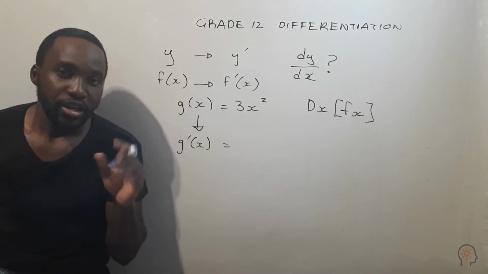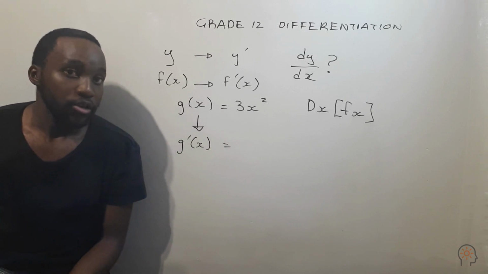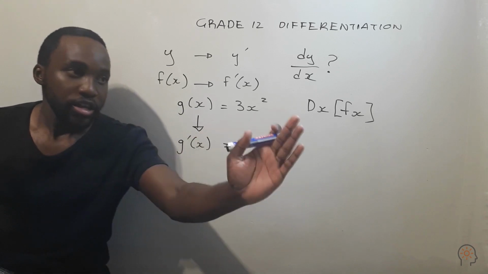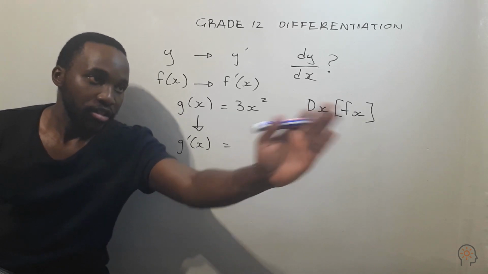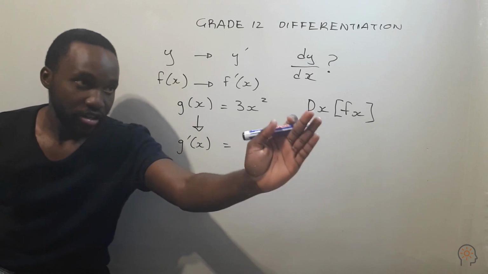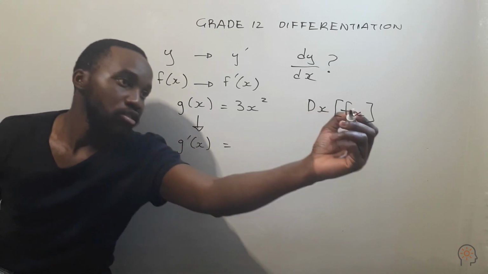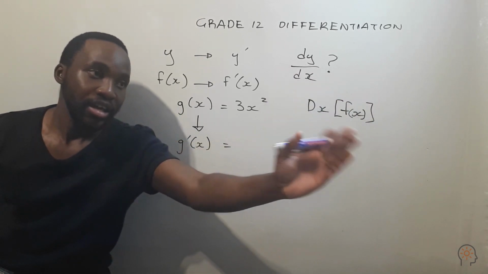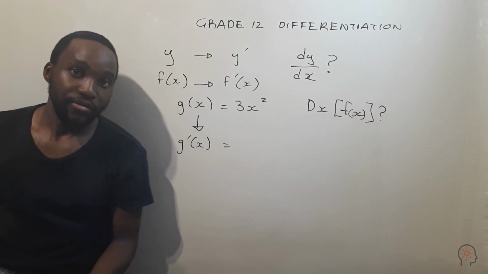If you're given something in the form dy over dx is equal to something, it means that you are given an equation that's already been differentiated. Anything in this format will also generally be a question asking you to differentiate. This d over dx with square brackets and a function inside the square brackets will also be a question asking you to differentiate.